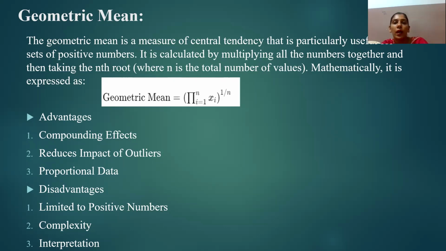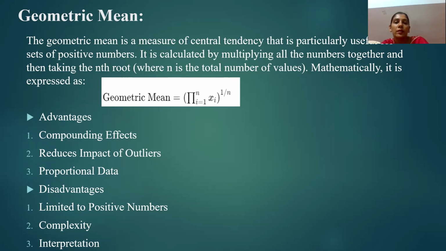As it is a part of calculating central tendency, it is specifically used for a set of positive numbers, and it is particularly effective in various fields like finance, economics, business statistics, education, policy making, etc.